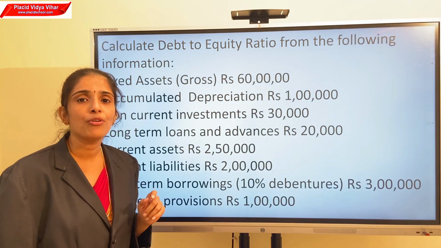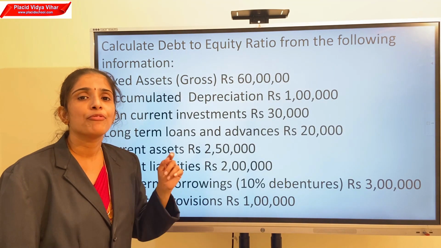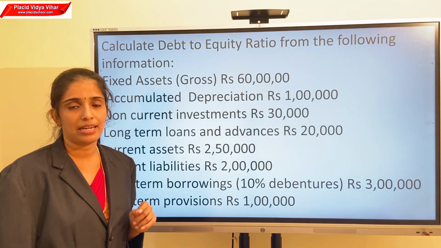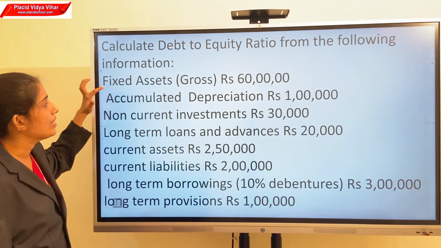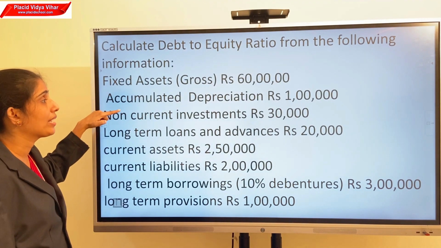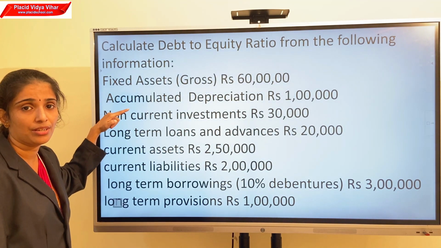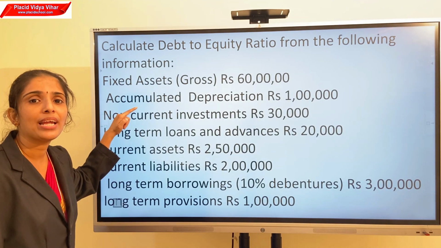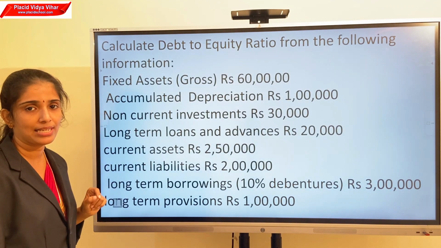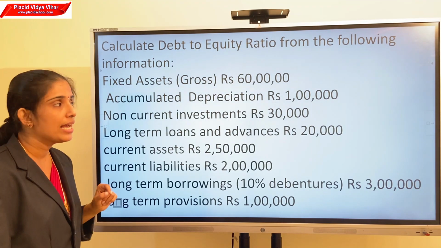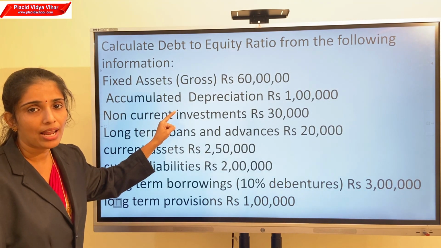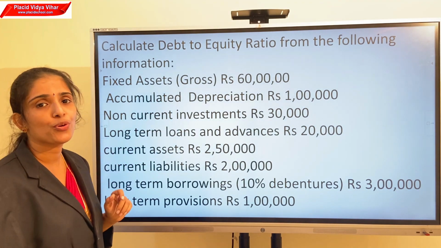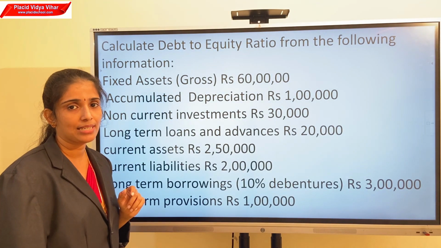For the total value of asset, take the total of fixed asset and the current asset. From this, the fixed assets value is the gross value, and the next one is accumulated depreciation. Firstly, you should calculate the net value of that fixed asset. What's the net value? 6 lakhs minus this depreciation 1 lakh. 5 lakhs is the actual value of a fixed asset.